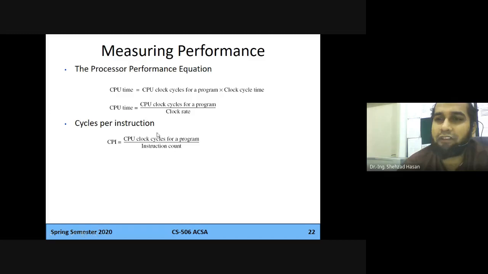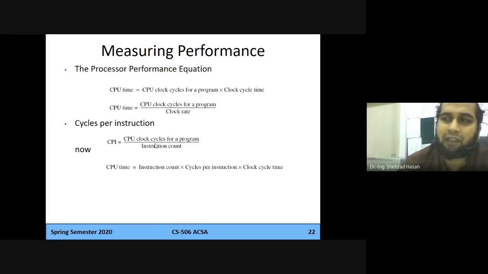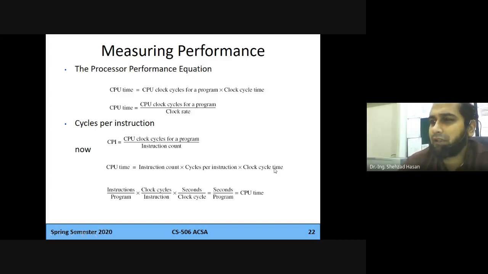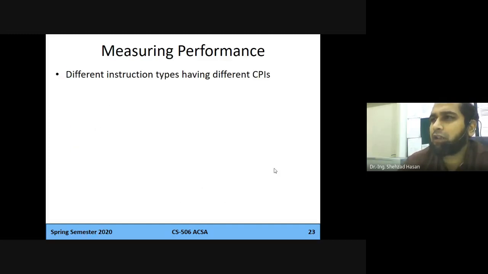If you don't know the average CPI, you can use a formula with CPU cycles per program and instruction count, and I'm going to explain how to find the CPI. Then if you put that in the top equation, the same thing becomes this. I'm just going to skip that and move on quickly.